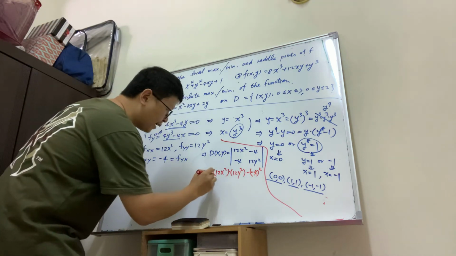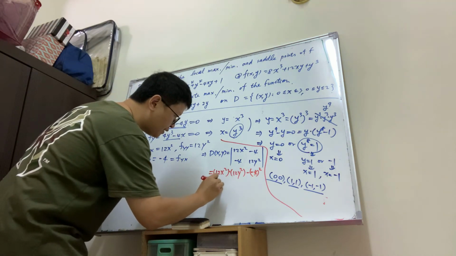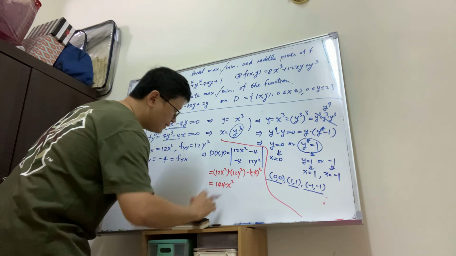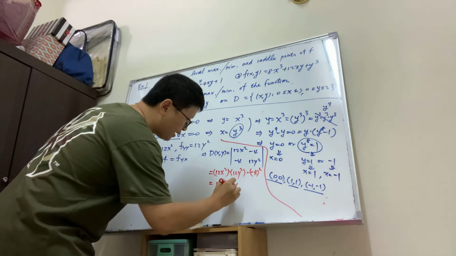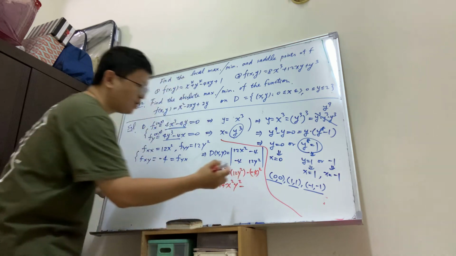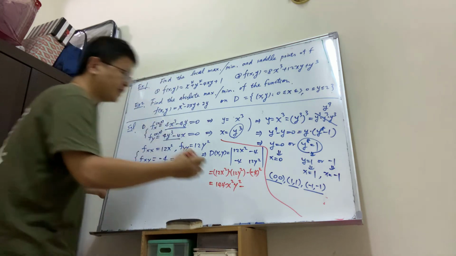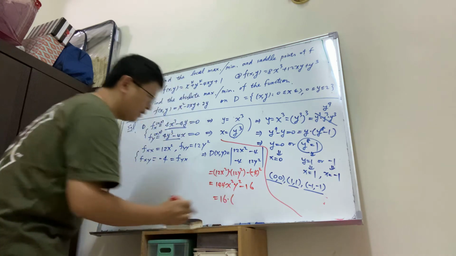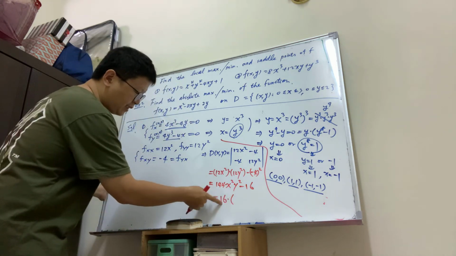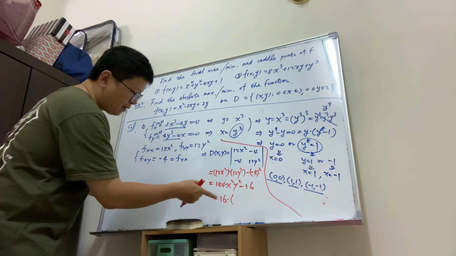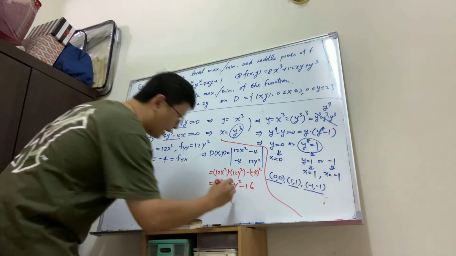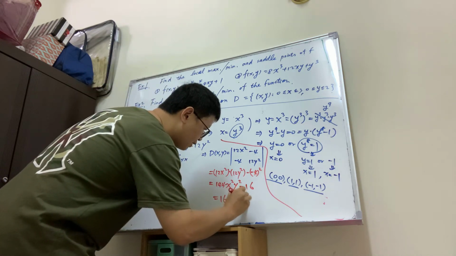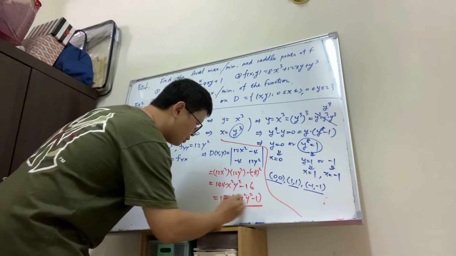So it becomes 12 times 12, which is 144, times x squared times y squared, subtract negative 4 squared, which is 16. And finally we take out the 16, so it is equal to 16 times (9x squared y squared subtract 1).